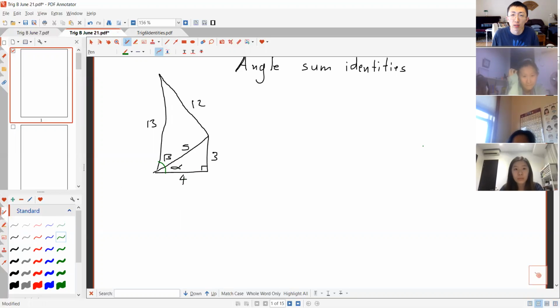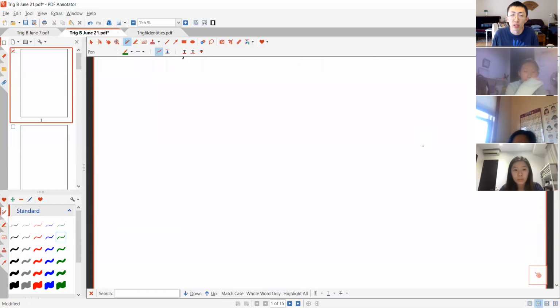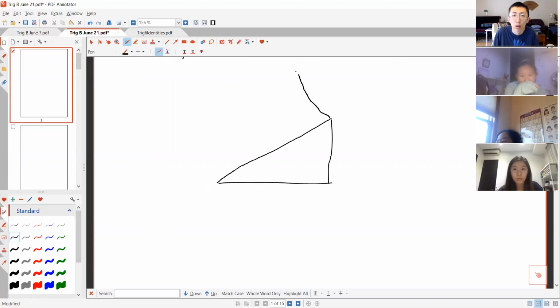Okay, so let's just make a general diagram for this. So let's say we have two right triangles on top of each other like this.